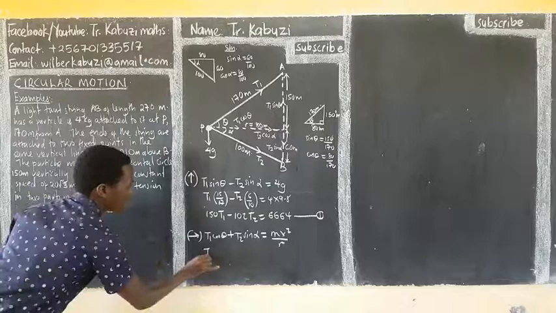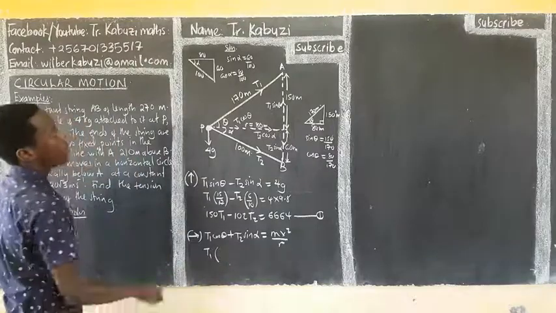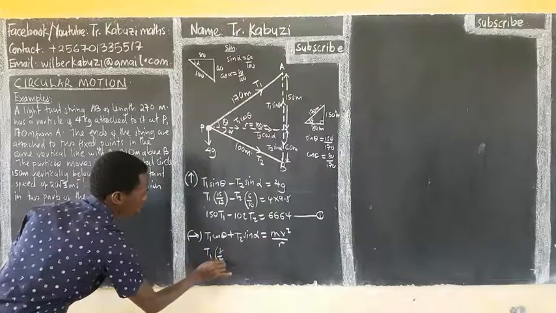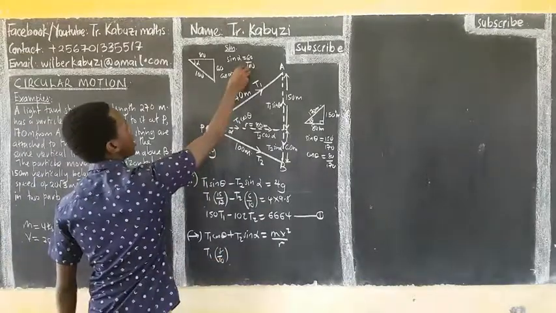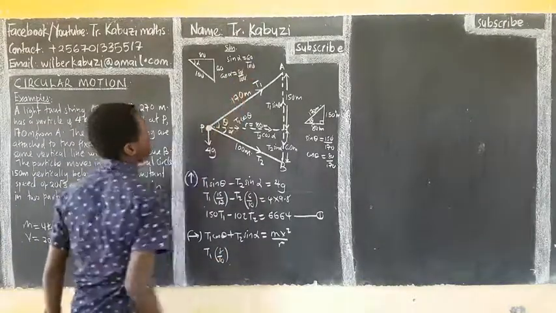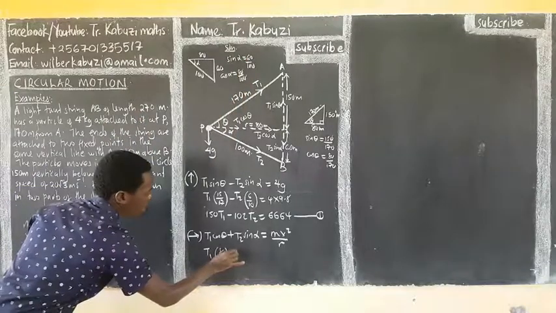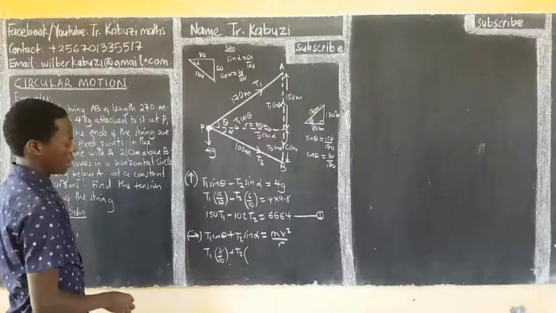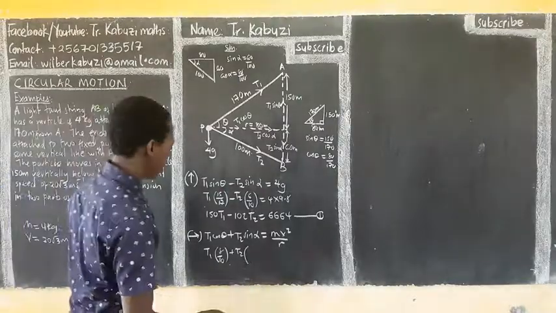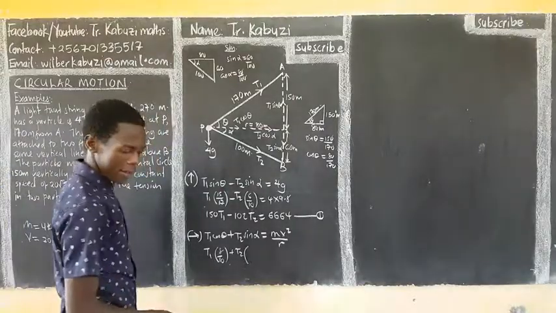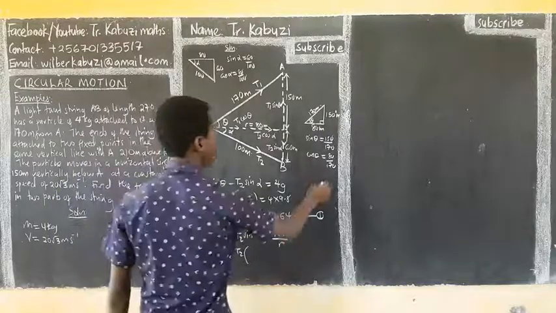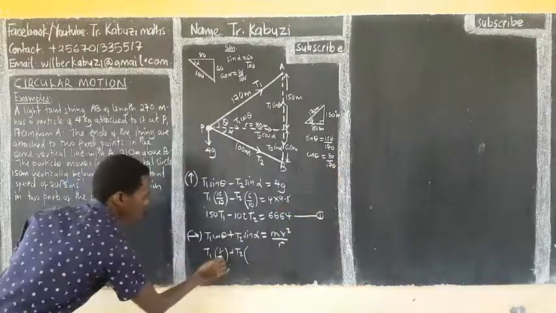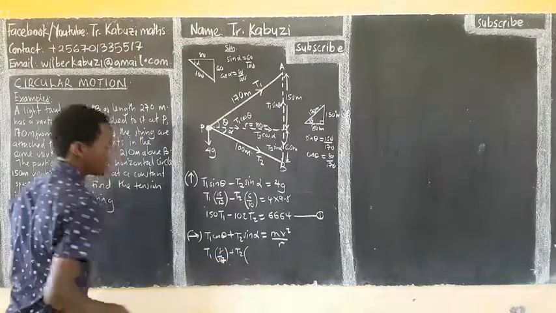So here we have T1 into our cos theta. You can see it's going to be 8 over 10. If we reduce, we can reduce 10. Okay, then plus T2 sine alpha. Sorry, I was on cos theta. So cos theta is here, 8 over 17.